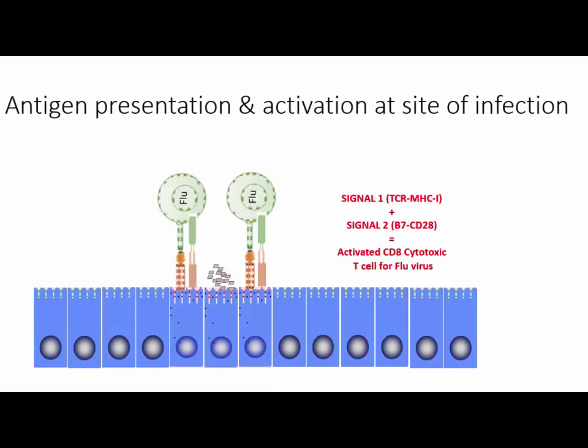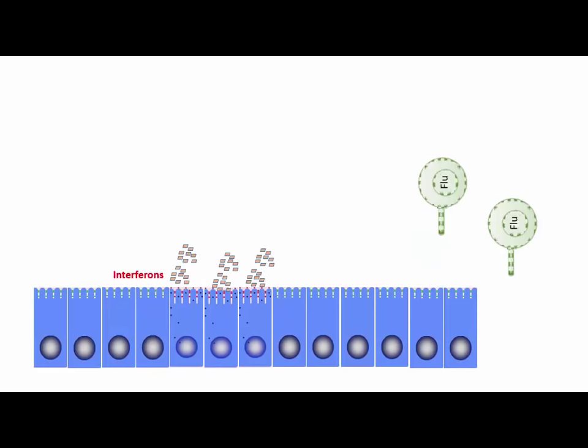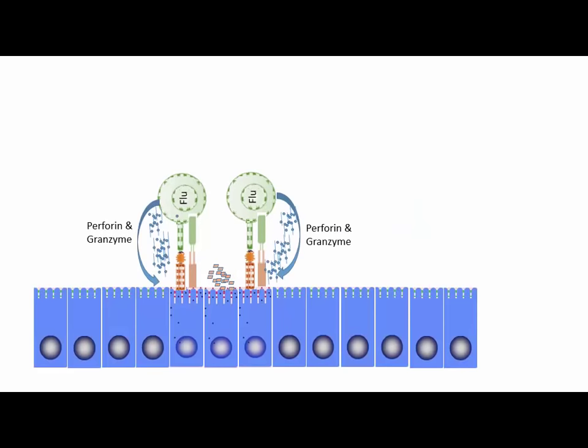So the CD8 T cell then moves towards the site of infection, and it knows what cells are infected because the infected cells will be expressing MHC1. And at that point, the CD8 T cell is able to use its T cell receptor to recognize the antigen presented and subsequently interact with the cell.